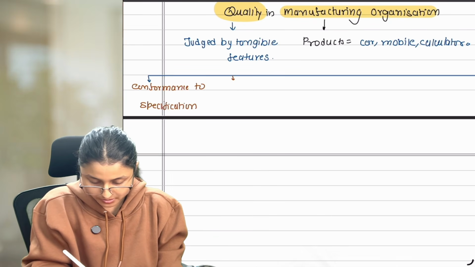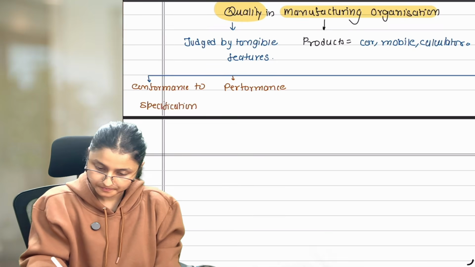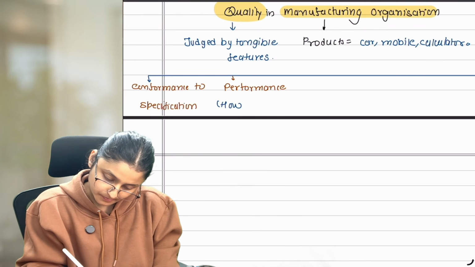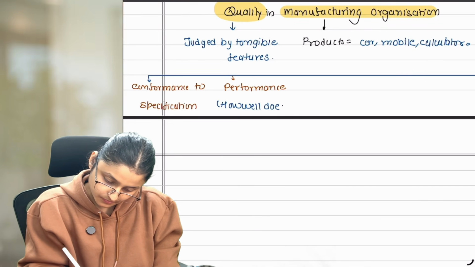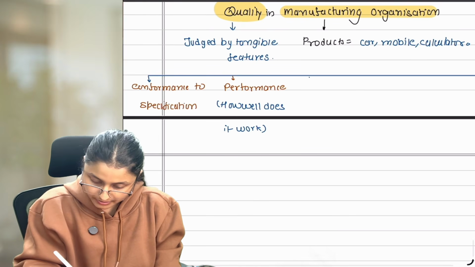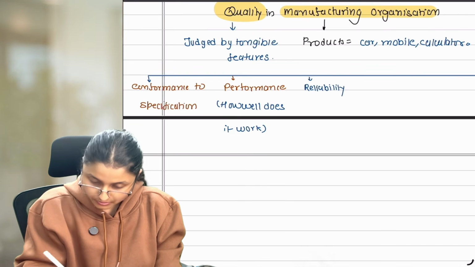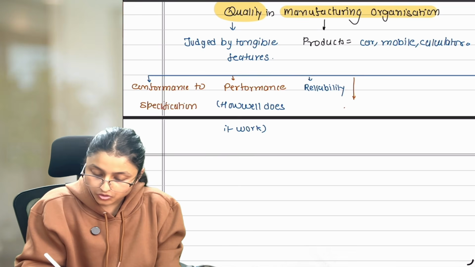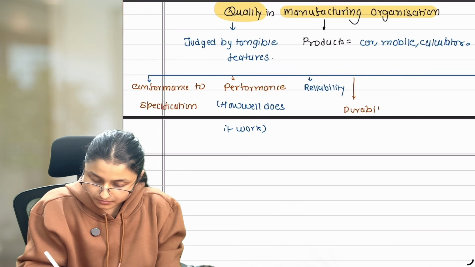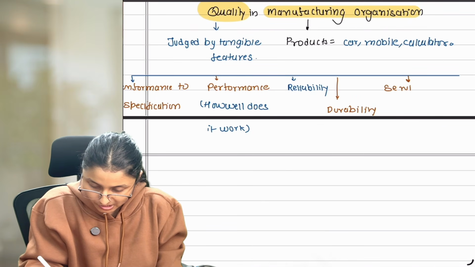Next, performance, how well it is able to do the work. Next is reliability, how dependable that product is. Durability, how long the product is going to work. And serviceability, how easy it is to repair that product.